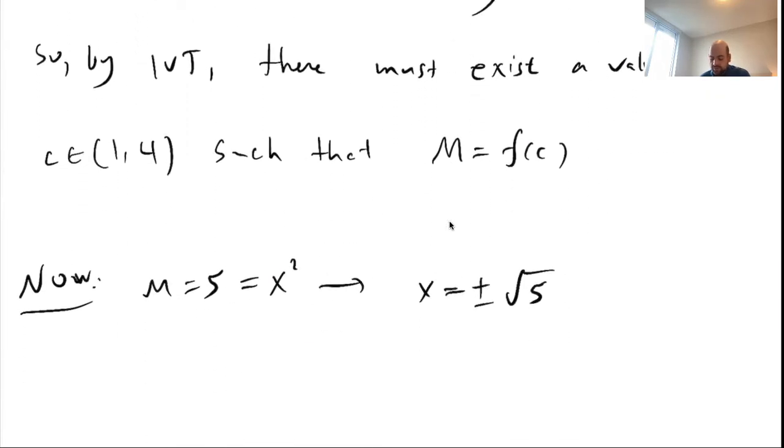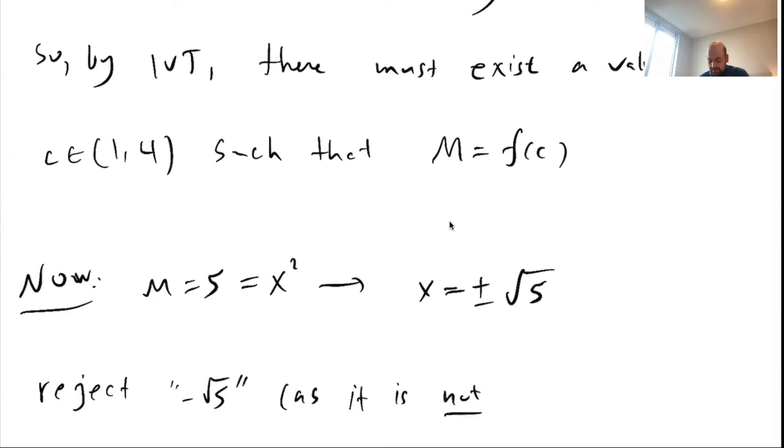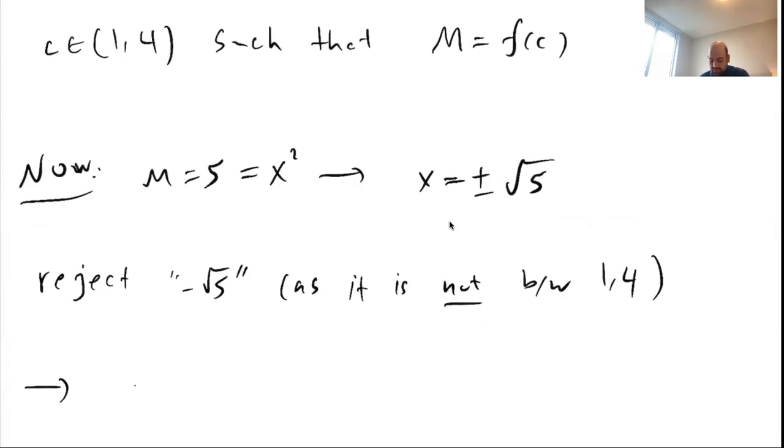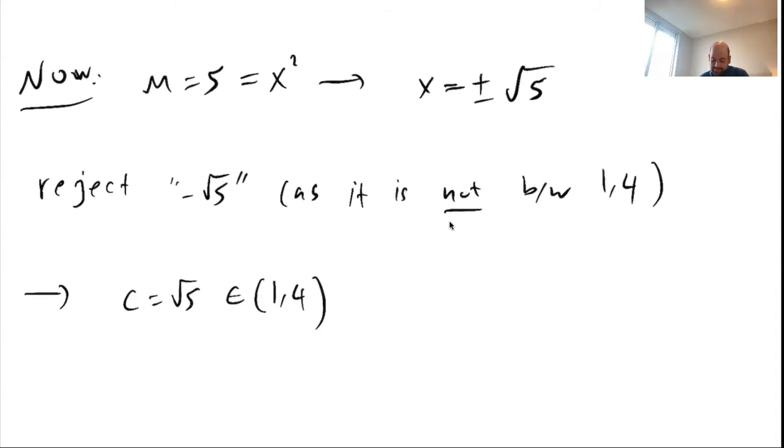So minus root 5 is not between 1 to 4, of course. So we reject minus root 5 as it is not between 1 to 4. That means c is equal to root 5, which is between 1 to 4.